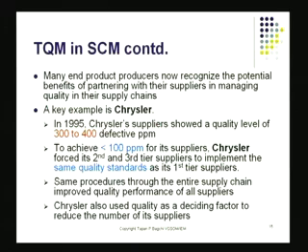In 1995, the Chrysler company looked at the quality of its suppliers, and what it found was that the defect levels of these suppliers, many of them range between 300 to 400 parts per million. That's a very high level of defectives coming into the plant. And that means this company, Chrysler, could not go into JIT directly.